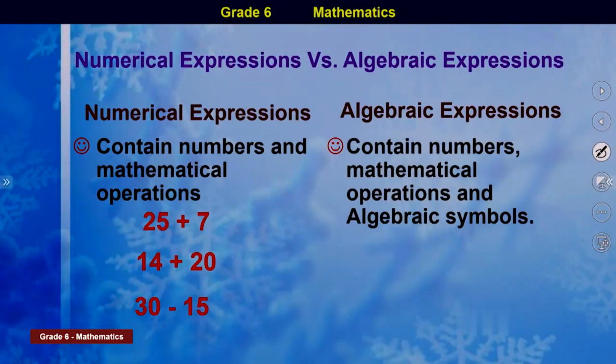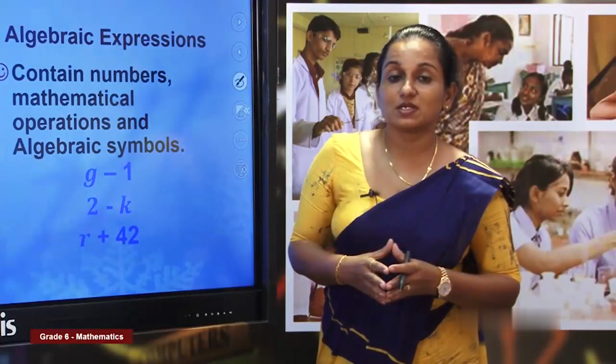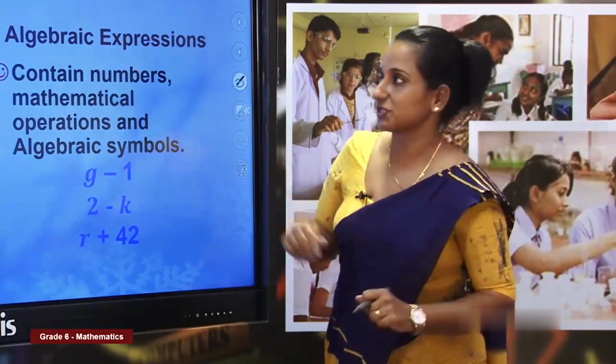Here are some examples of algebraic expressions: g minus 1, 2 minus k and r plus 42. Now my dear children, we are going to learn about substitution.